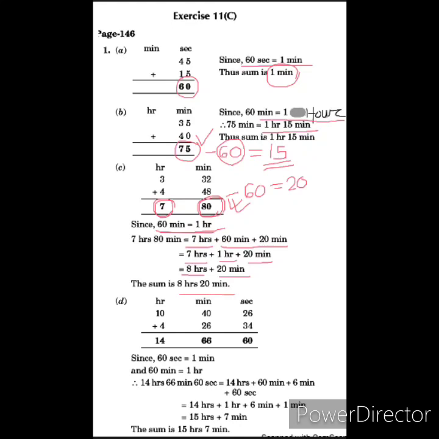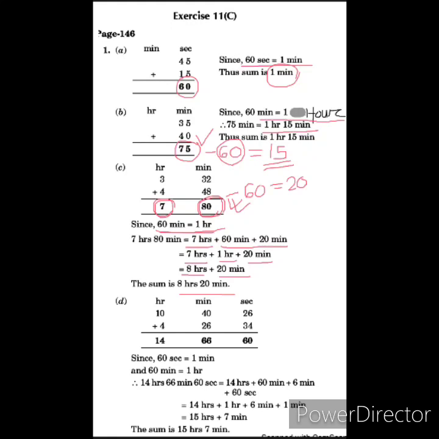Students, you have to see whether the minutes are below 60 or above 60, because we know that 60 minutes is equal to 1 hour. If the minutes are above 60, then we have to separate the numbers and carry forward the 60 minutes, that is 1 hour, to the hour group.